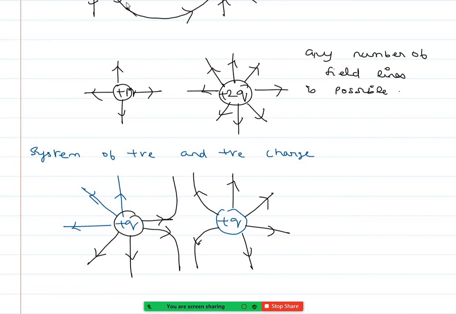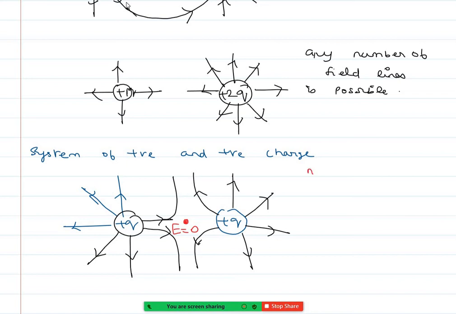So what happens at the center, that is the midway between the two charges? Are there any electric field lines present over there? No. So the net electric field is 0, right? The electric field lines, because of the presence of another positive charge, have to repel, so they change their path, and here also the same thing happens. Because of that, there will not be any electric field at the center, that is at the midway between the two positive charges.